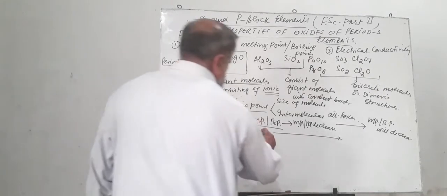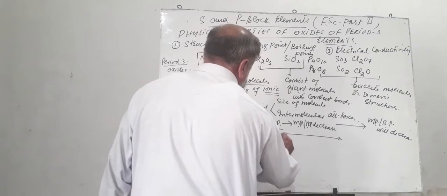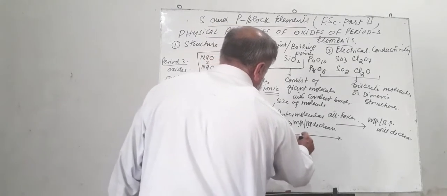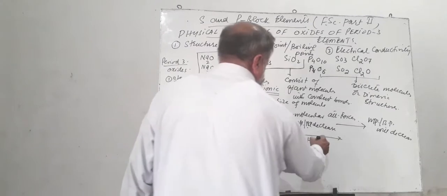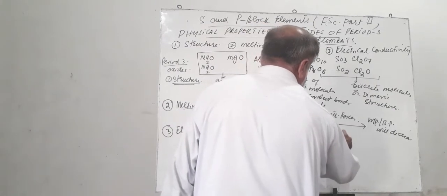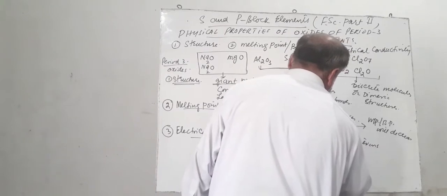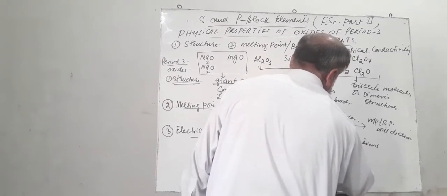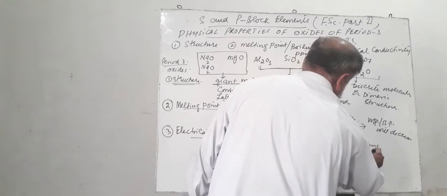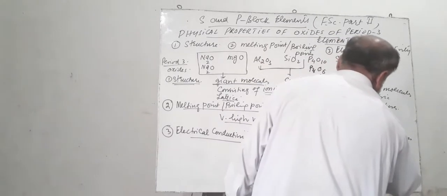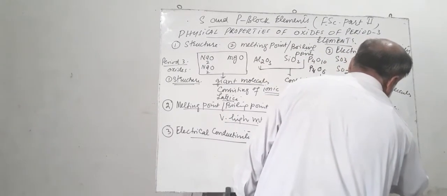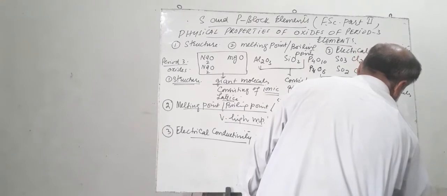All the oxides of period 3 in solid state have no free electrons and no mobile ions. That is why in solid state all oxides are non-conductors of electricity.